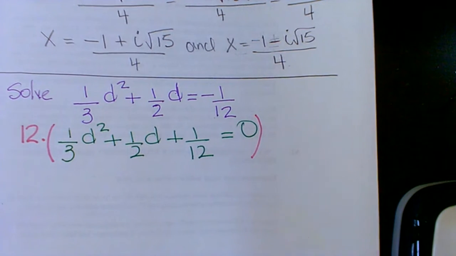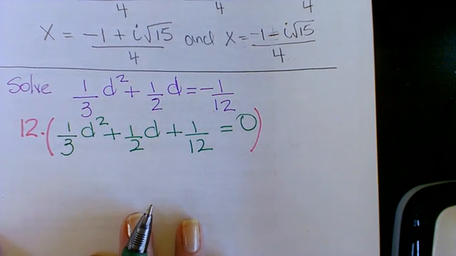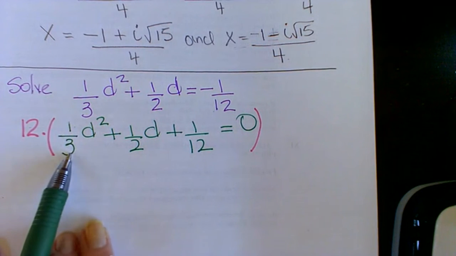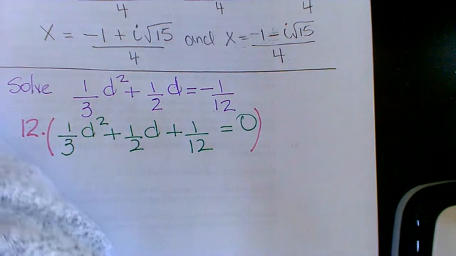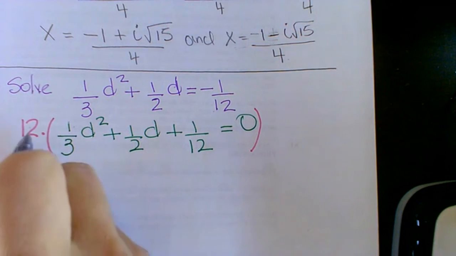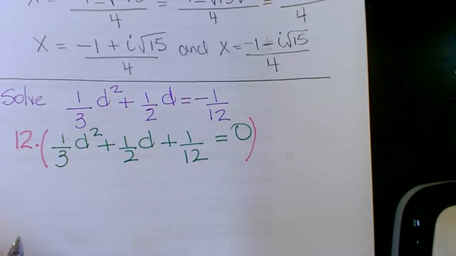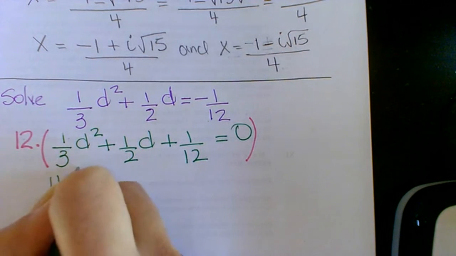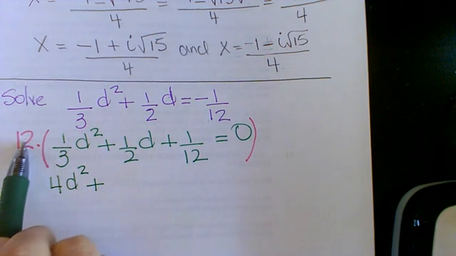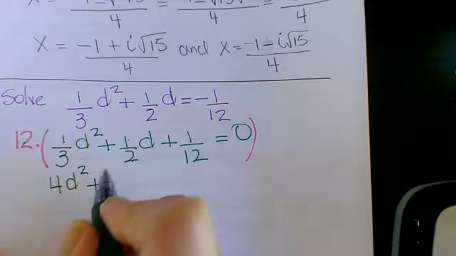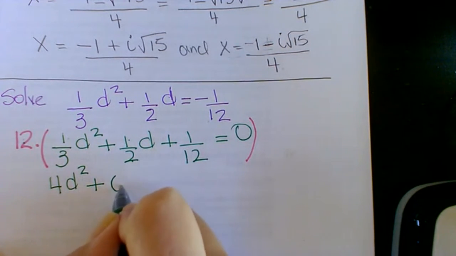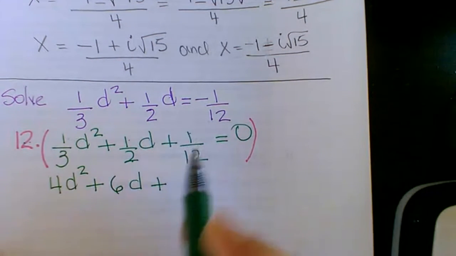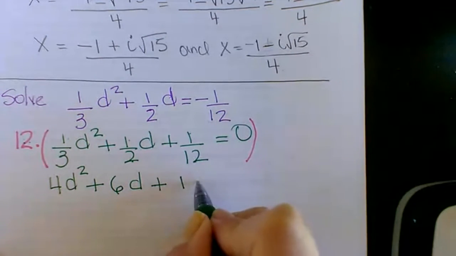Let's do it. So if I multiply by 12, what do I get here? 12 times 1 is 12 divided by 3 is what? Tell me, guys. It's 4. Yes, 4d squared. Now, 12 times 1 divided by 2 is what? 6d. 12 times 1 divided by 12 is what? 1.